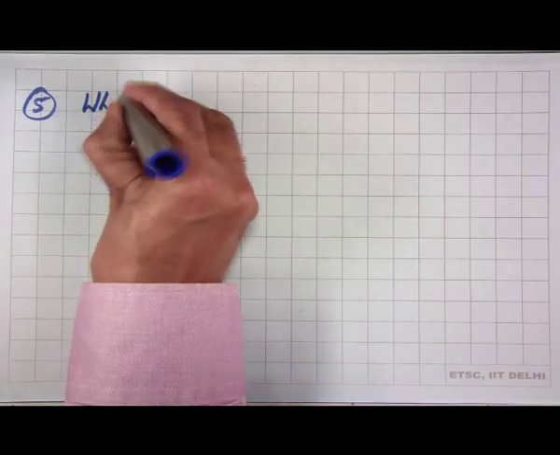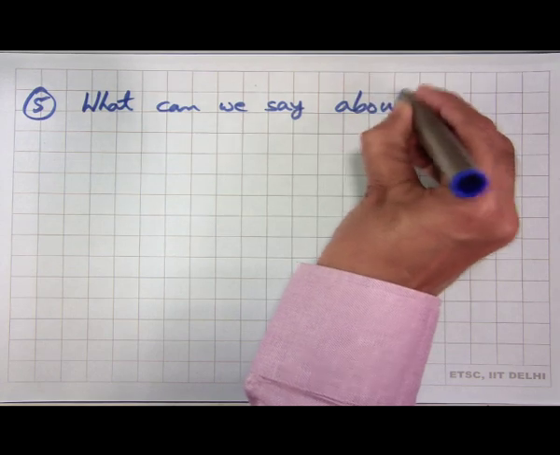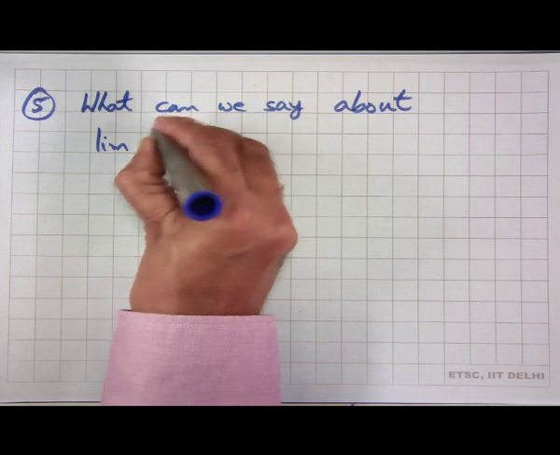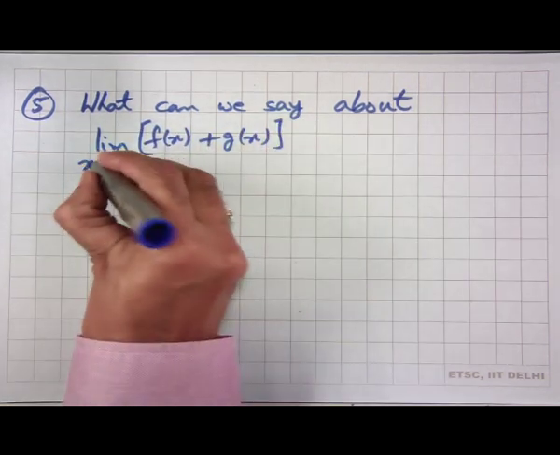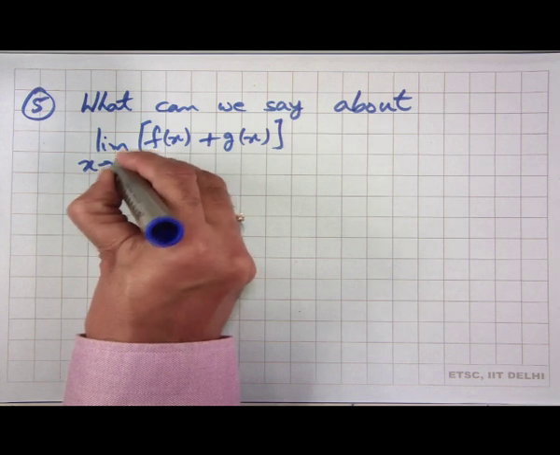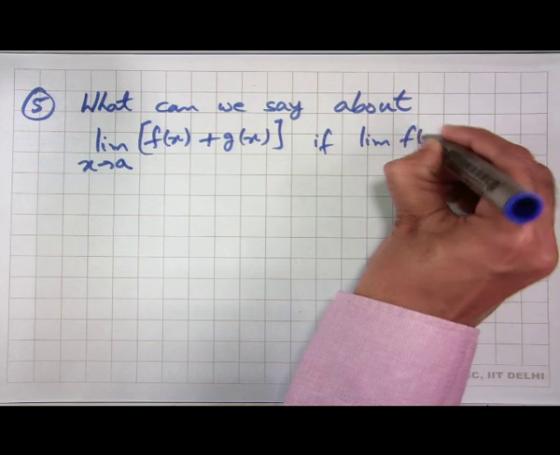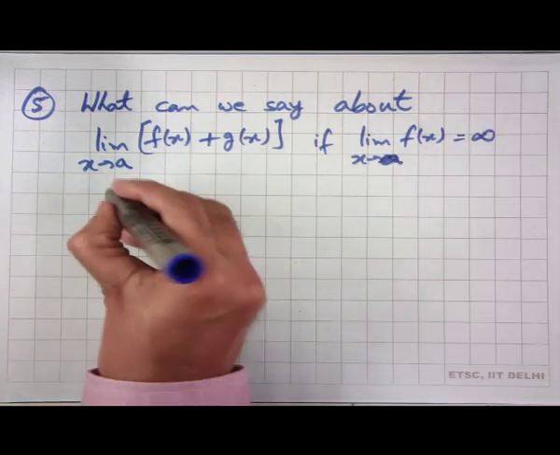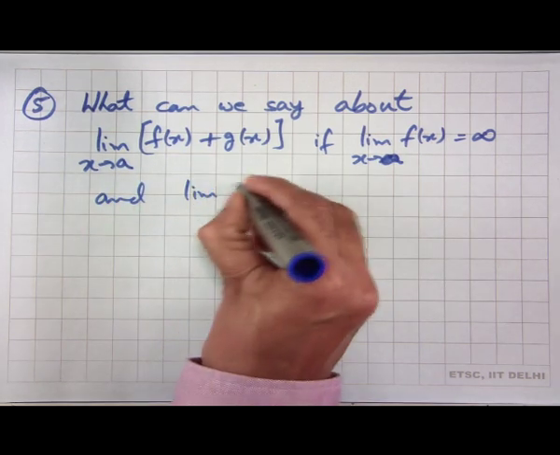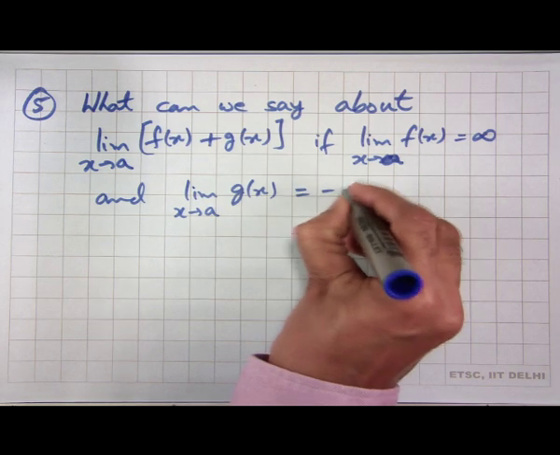But one thing we haven't seen, so what can we say about limit of f x plus g x if limit of f x is infinity and limit of g of x is minus infinity.